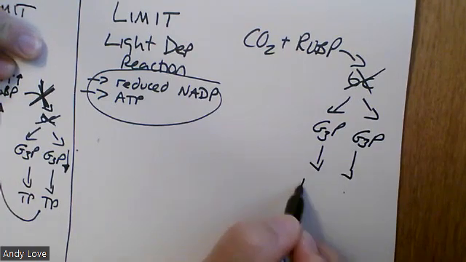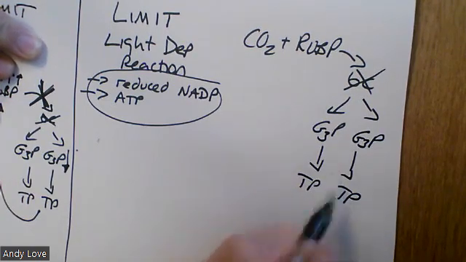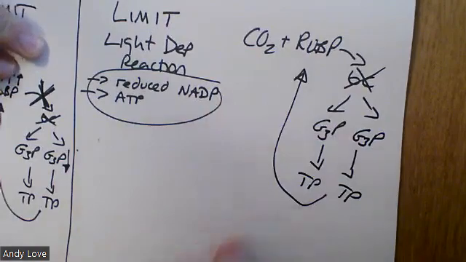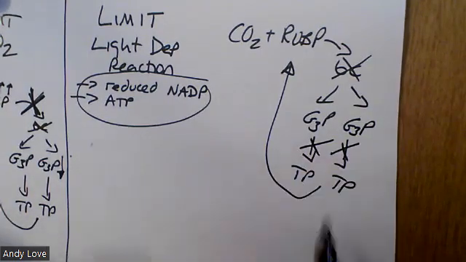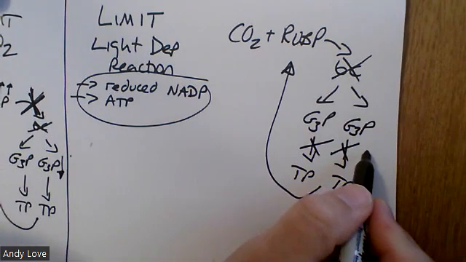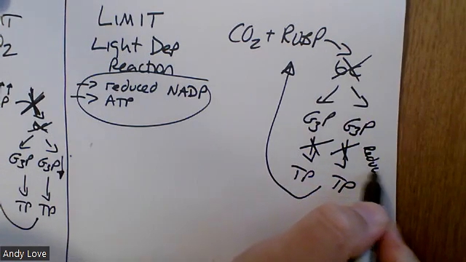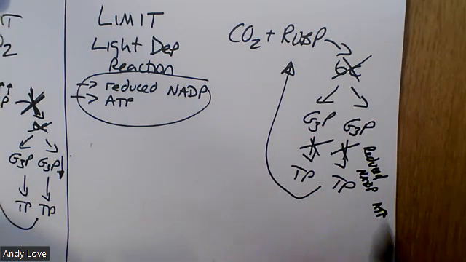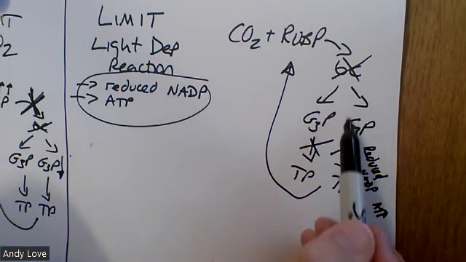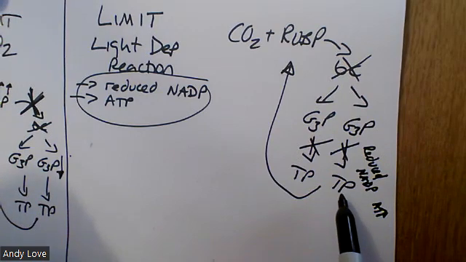G3P turns into TP, it's reduced, and the TP regenerates to RUBP. So which part of the reaction is not going to happen here? Well, it's the reduction of G3P, because you've got no reduced NADP, and your ATP production has gone down. So you can't reduce the G3P to TP.